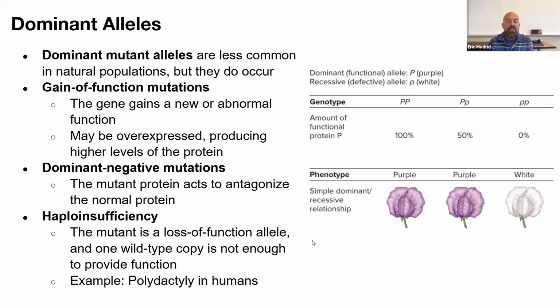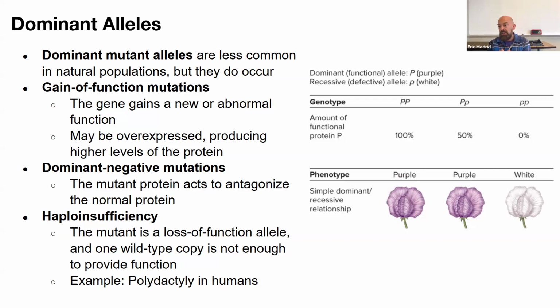And so when we've got these dominant alleles, they can become mutated, and they're either going to result in gain of function. So they're a good thing, because we have this new allele, there's some new phenotype that didn't used to be there. They could be dominant negative, which means that the normal protein is antagonized or downregulated or inhibited by the mutant protein.